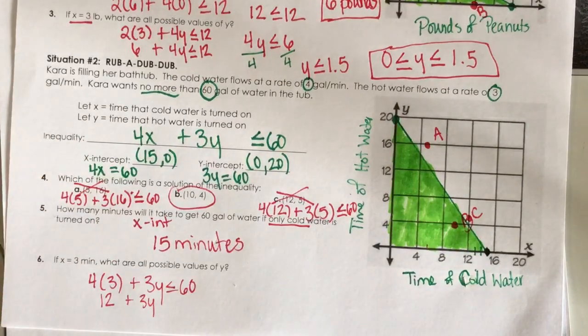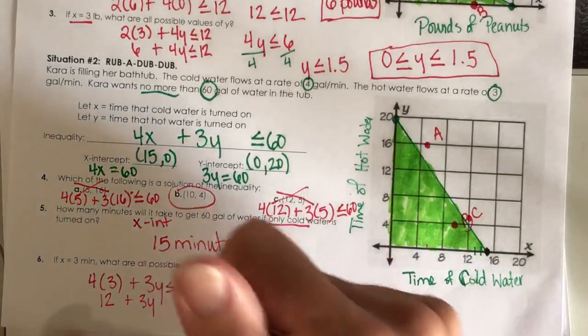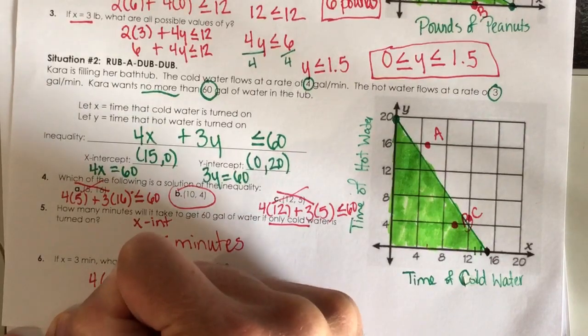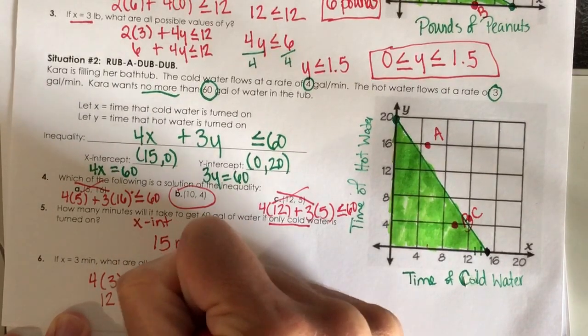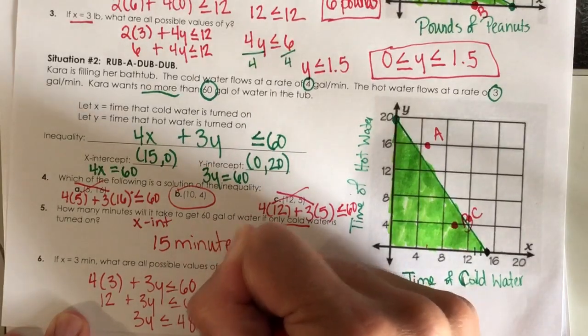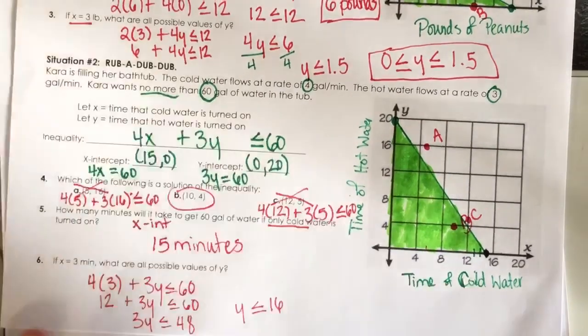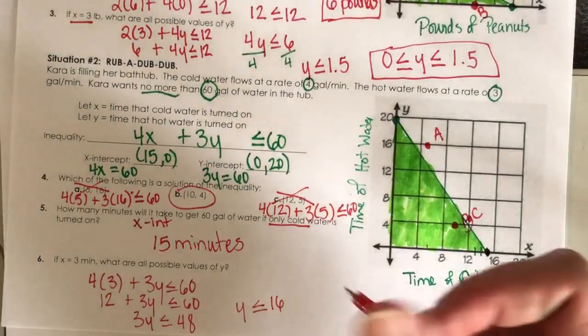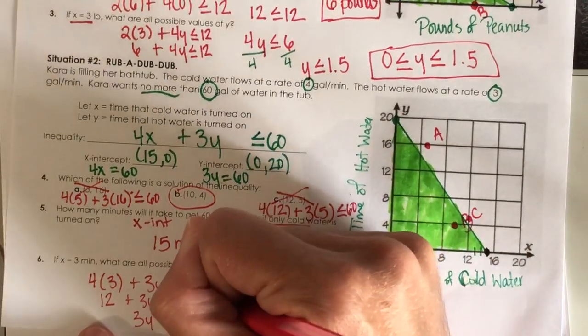So if only 3 minutes of cold water is running, subtract 12 from 60, you get 48. Divide that by 3, and you get 16. So y can fall anywhere from 0 to 16.